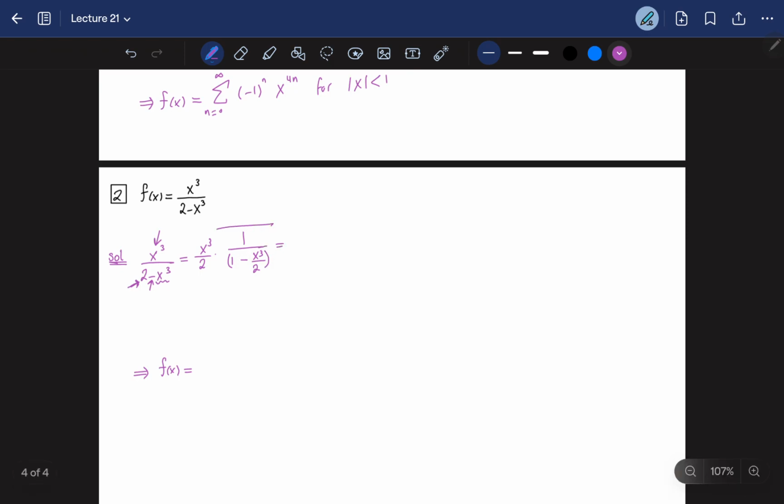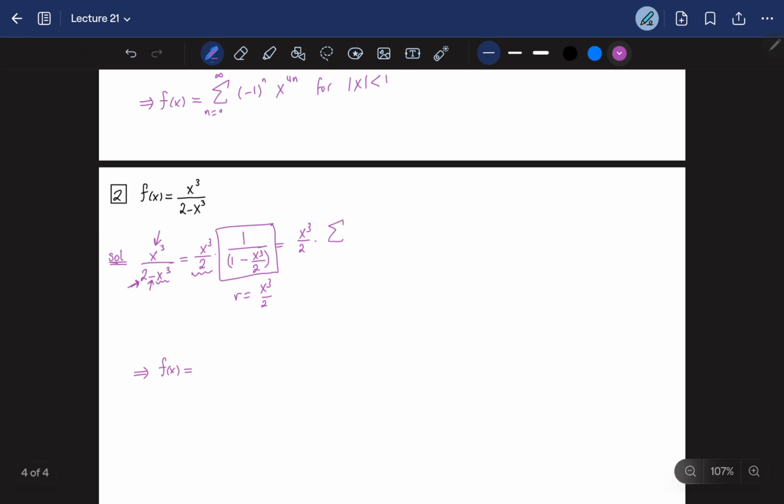So now this here is in terms of a geometric series. I can easily represent it as a geometric series, because r is x cubed over 2. So keep this on the side. This part here does not affect me.